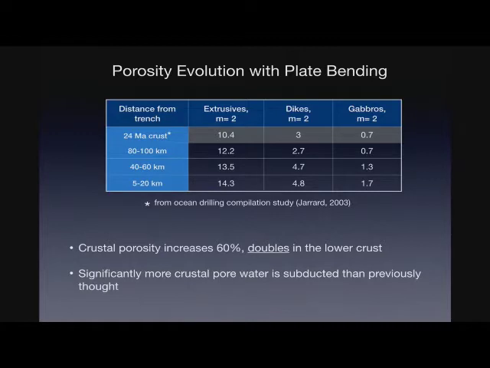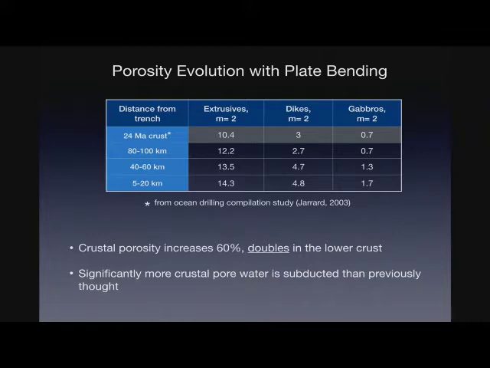And so that compilation was on a 24-million-year-old crust. And in the extrusives, there's a porosity of 10.4, in the dikes 3, and then in the gabbros 0.7. And 80 to 100 kilometers from the trench, the EM data predicts porosities of 12.2%, 2.7, and 0.7. So it's a pretty good agreement with this ODP compilation from the Cocos plate. And then as we get closer to the trench, you can see that the porosities start to increase.